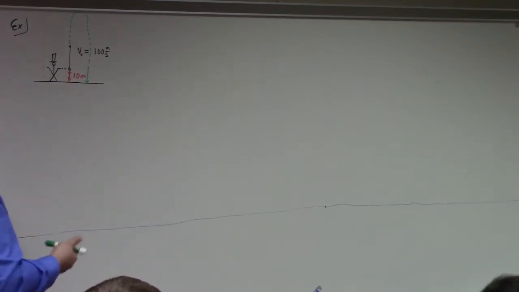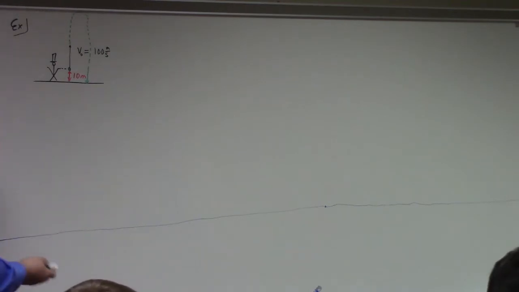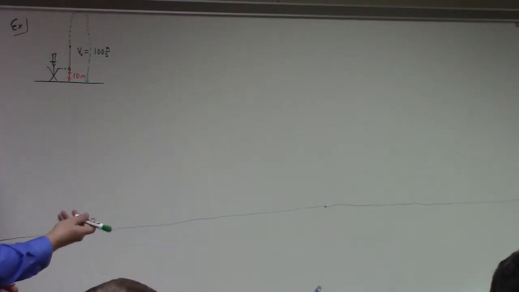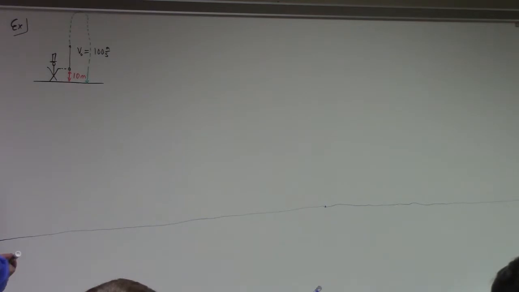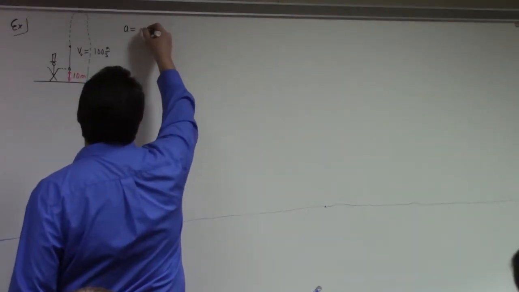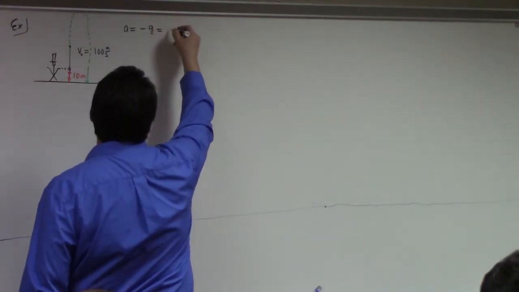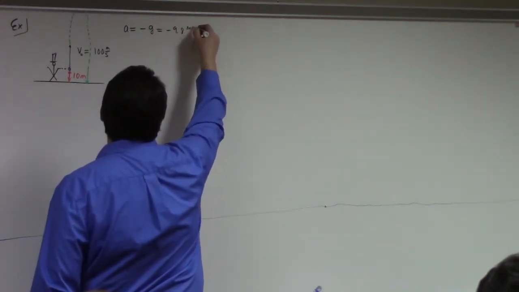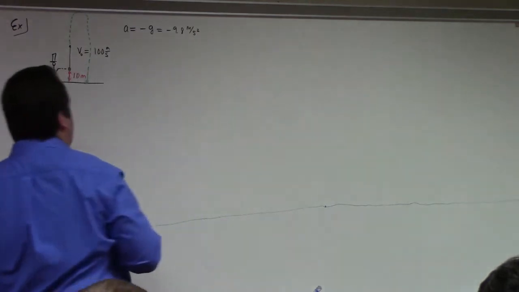It turns out that the force of gravity close to the surface of the Earth basically gives you a constant acceleration downward of 9.8 meters per second squared. So the acceleration is equal to minus g, which is minus 9.8 meters per second squared. All right.